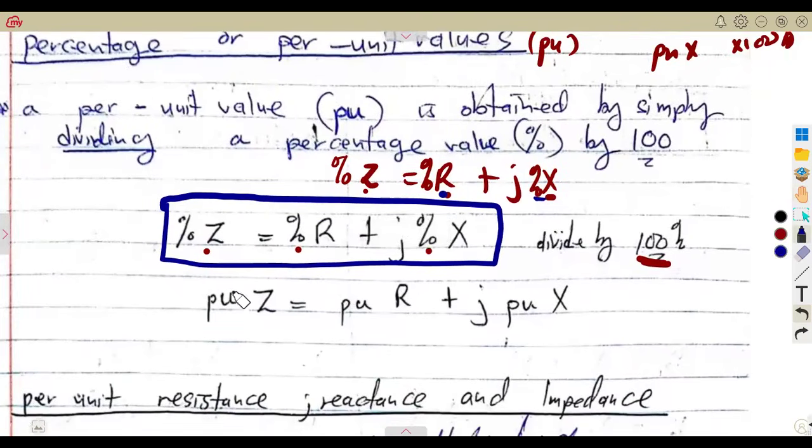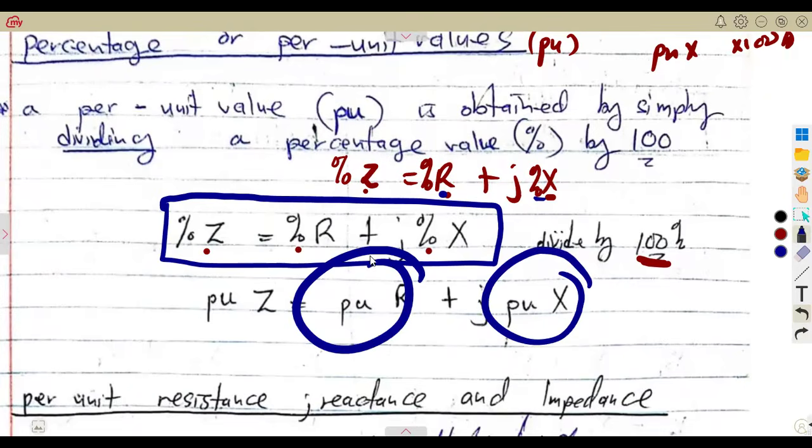Remember I said, guys, we've got a lot of things. I just hope you understand me in the explanations. From the percentage impedance, you can obtain per unit impedance, which gives you per unit resistance and per unit reactance.